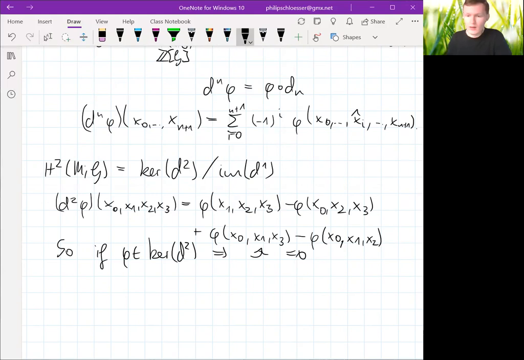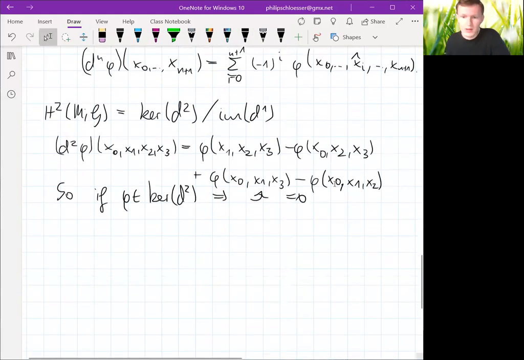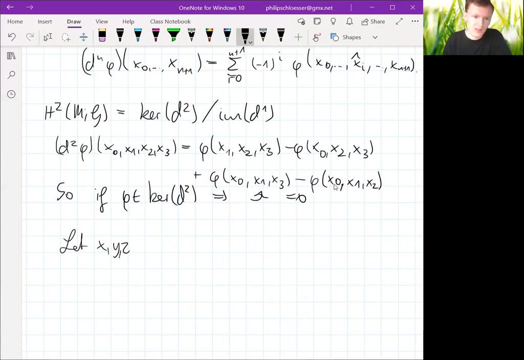And now we're going to plug in a very specific combination of elements, namely let x, y, z be in G. Then we always have 0 is equal to, okay, now we are going to apply this identity to 1, x, xy, xyz.